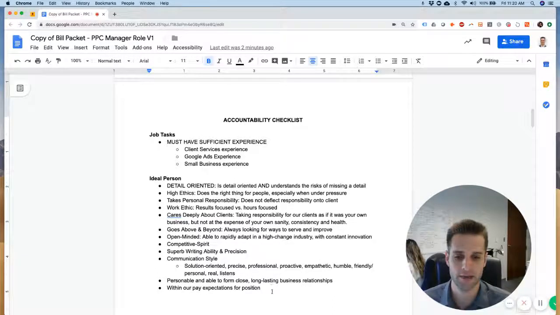You can see for me, my focus is more on the core values, the ideal person segment versus the job task segment. So for me, what's really important is, as you can see, it's all caps, must have sufficient experience.